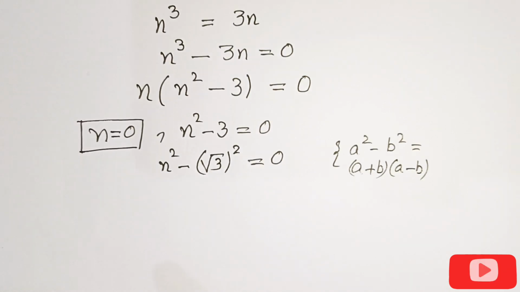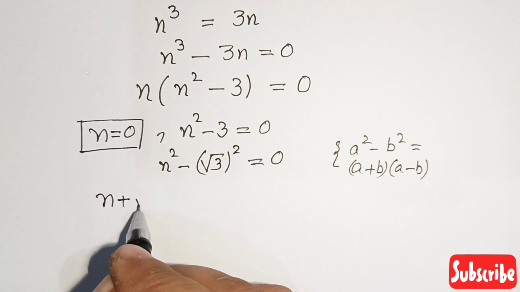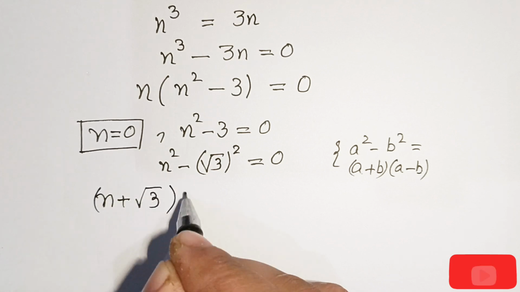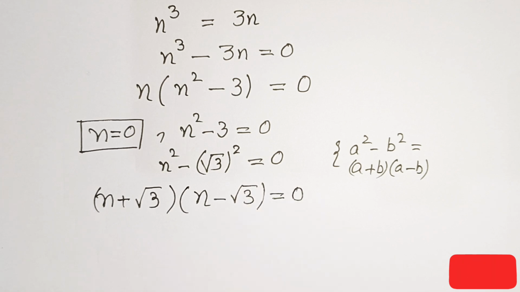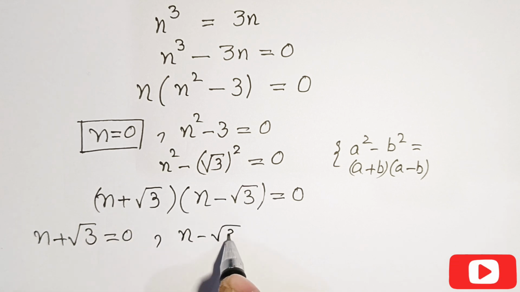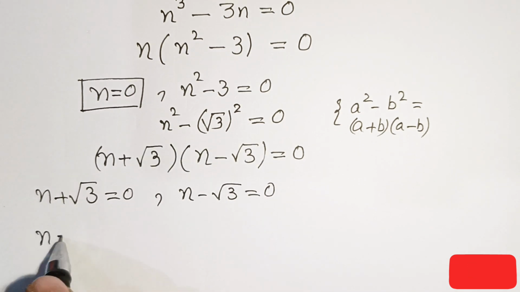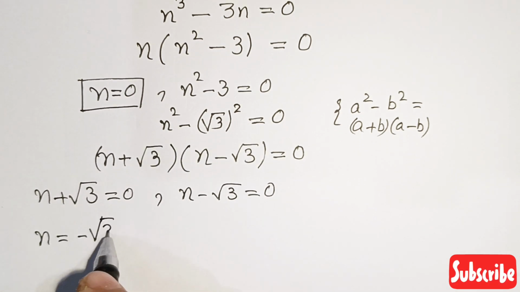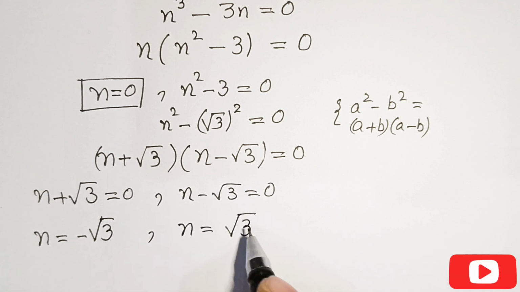So n squared minus square root of 3 whole squared is equal to n plus square root of 3 times n minus square root of 3 is equal to 0. Now n plus square root of 3 is equal to 0, and n minus square root of 3 is equal to 0. So we get the value of n is minus square root of 3 and n is equal to plus square root of 3.